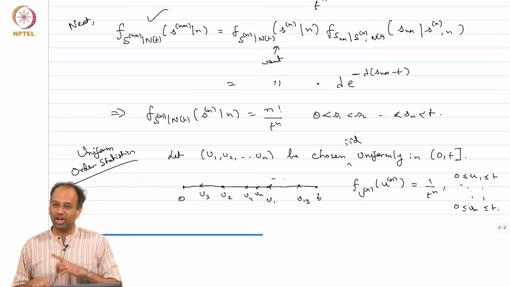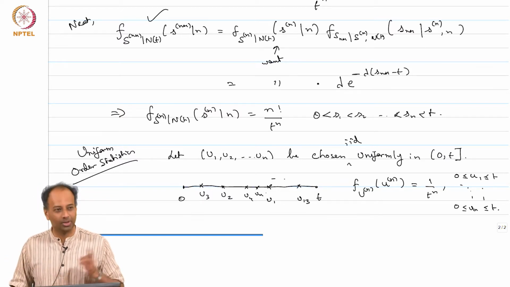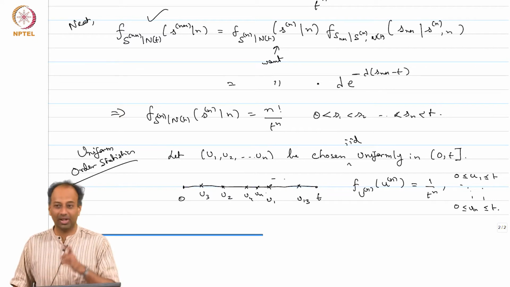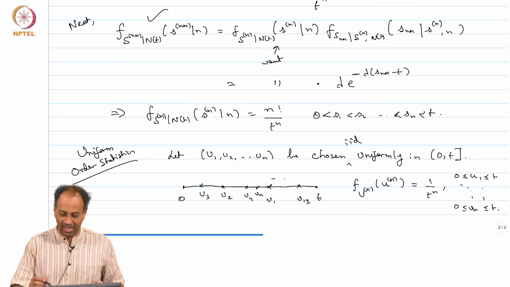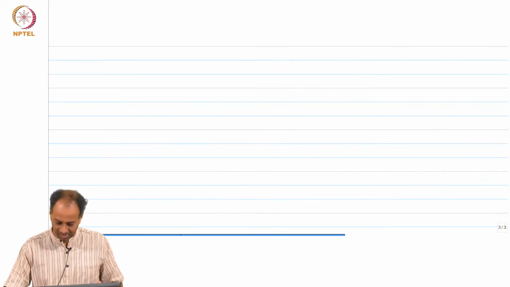Now, you look at the joint density of not u1 through un, but y1 through yn. Now, what is that is the question. It will turn out to be n factorial by t to the n.